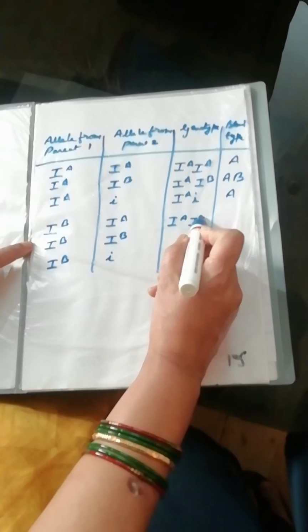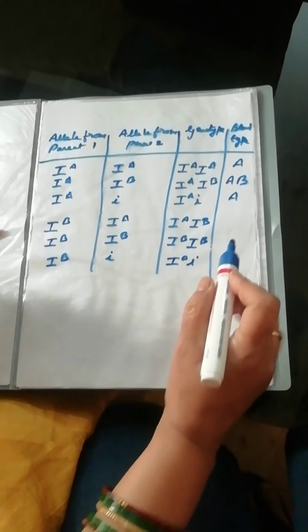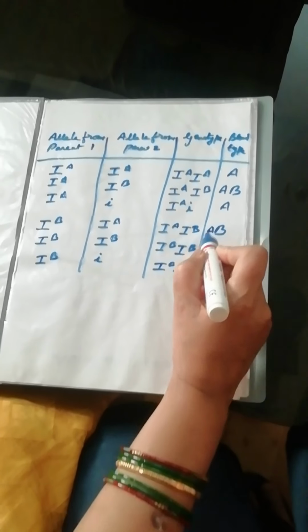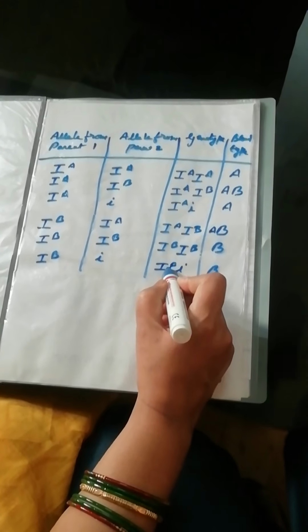Here again IA and IB. It will be IB IB. Here it will be IB and small i. In this case, the blood group will be AB. In this case, the blood group would be B. Here the blood group also would be B because one of the parents is contributing IB.